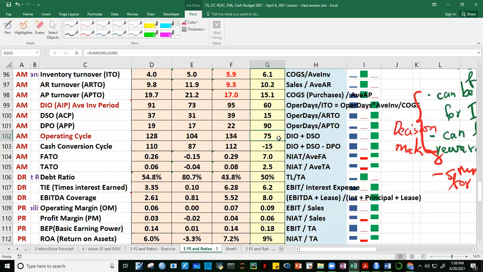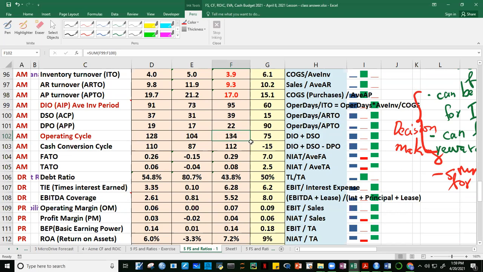Sa kanila, within 75 days, na produce na yung finished goods, then nabenta na. Sa atin, halos doble nito, 134 days. And of course, I'll be assuming na mas magaling tong company na to, kasi 75 versus 134. In fact, nag-deteriorate tayo. Bumagal tayo ng 30 days compared to 2020.